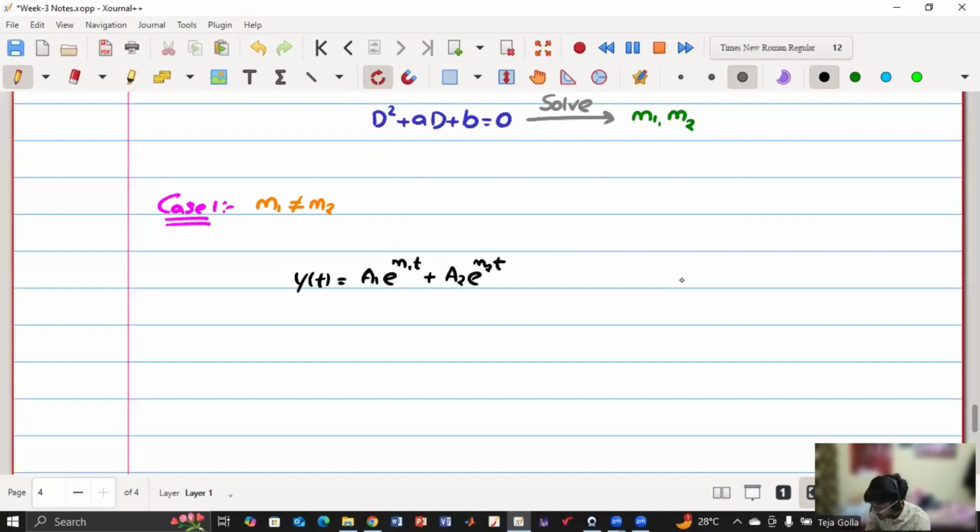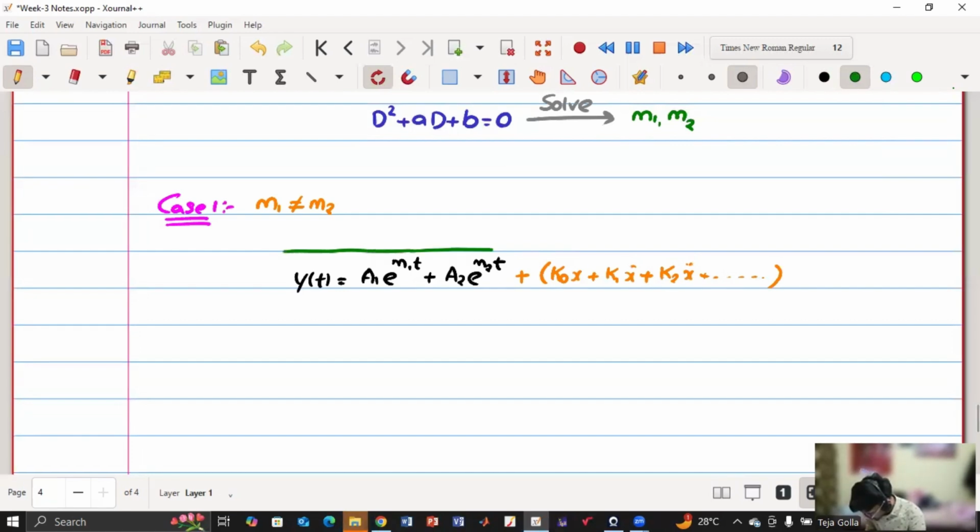And the rest remains the same as what we have learned, which is k naught x plus k1 x dot plus k2 x double dot and so on. Only the natural response will change; the forced response remains the same.